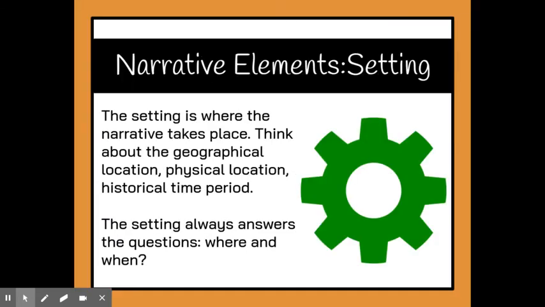So, some of those elements that we need to have for a narrative, one of them is setting. The setting is where the narrative takes place. We think about a geographical location, like a physical location or a historical time period. The setting always answers the question where and when.